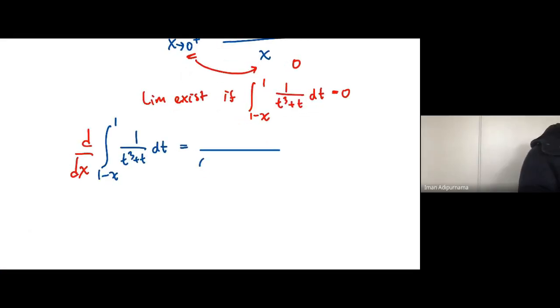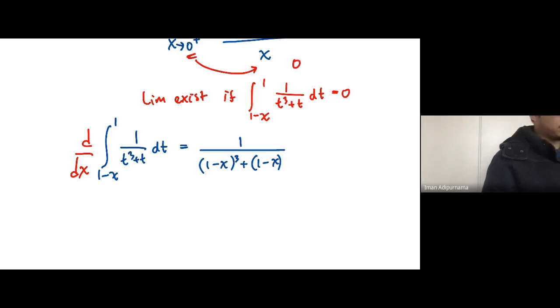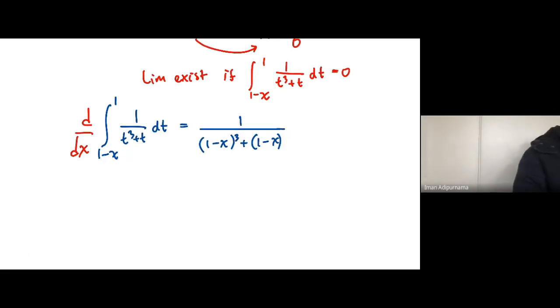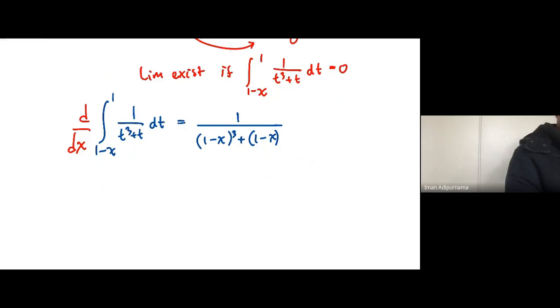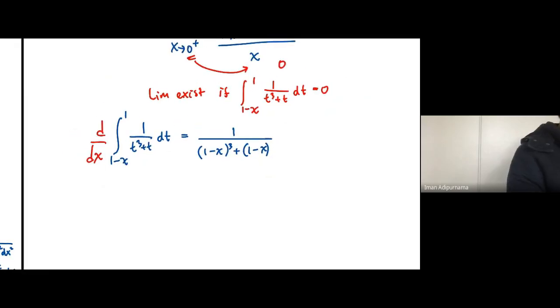So plug in and you get 1 minus x cubed plus 1 minus x, right? And 1. Now we can see the limit.